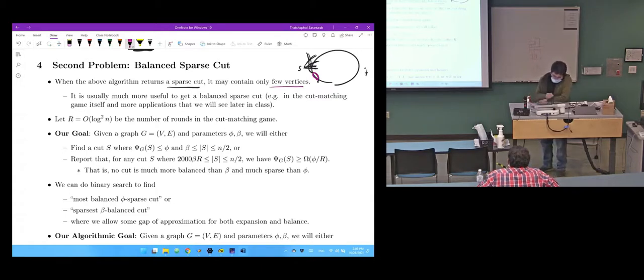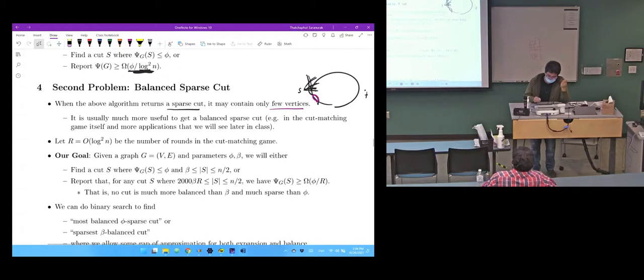Usually, if you want to implement some divide and conquer technique on a graph, what you want is really a balanced cut, and it should be sparse too.